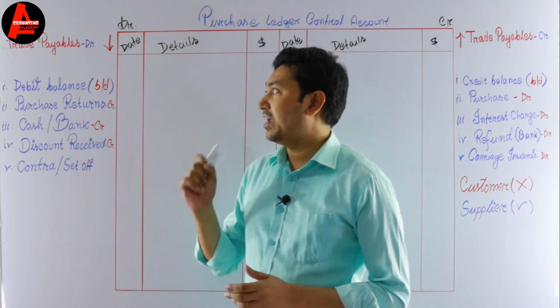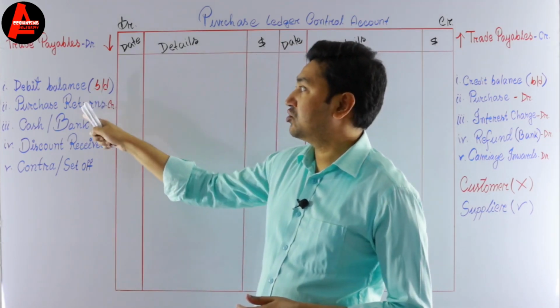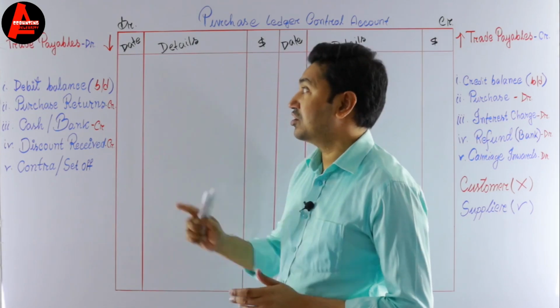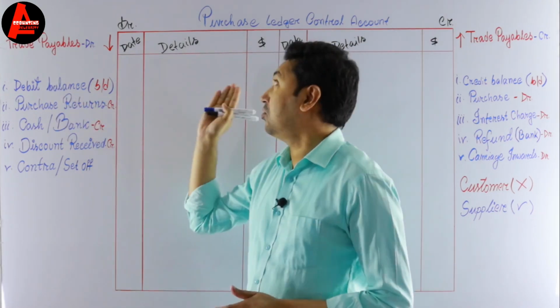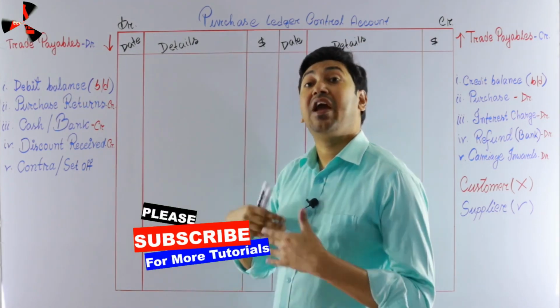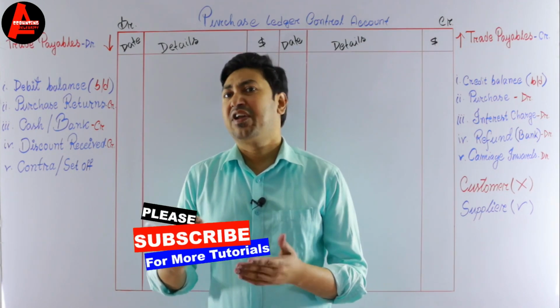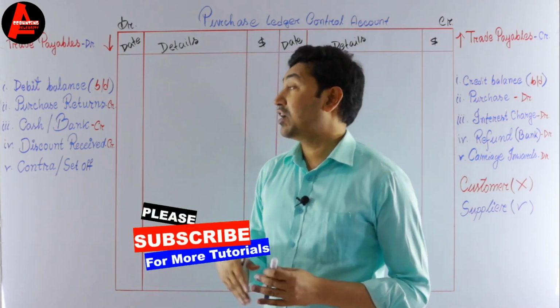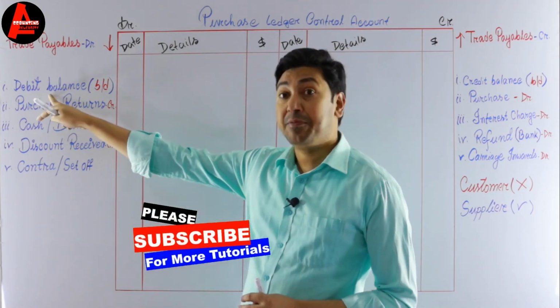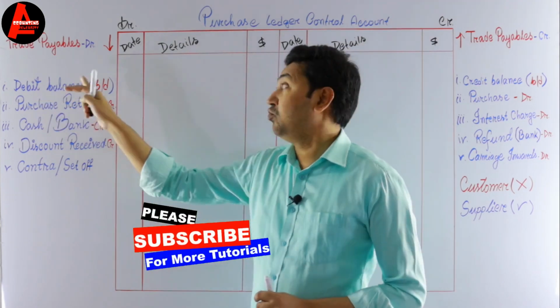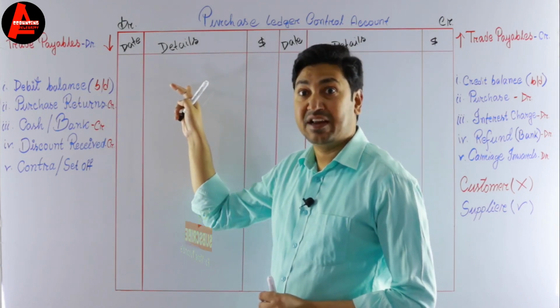Look here, we have 1, 2, 3, 4, 5 items on this side. The purchase ledger control account may have 2 balances, or may have 1 balance. At different times you get different types of questions in the exam paper. If we have any debit balance in the question, we have to record it on the debit side.